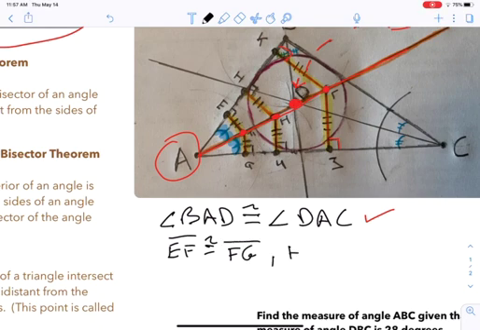It's important to name things carefully in geometry. Segment HI is congruent to segment HJ, etc.